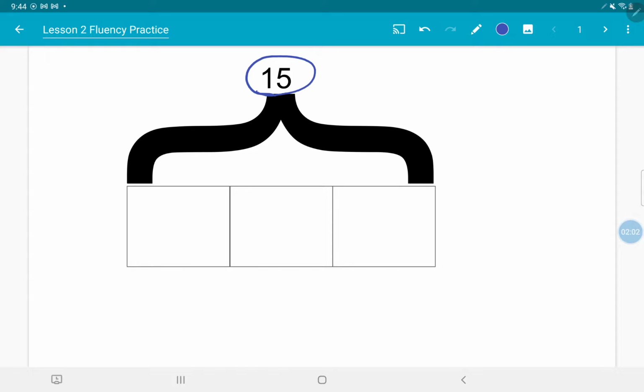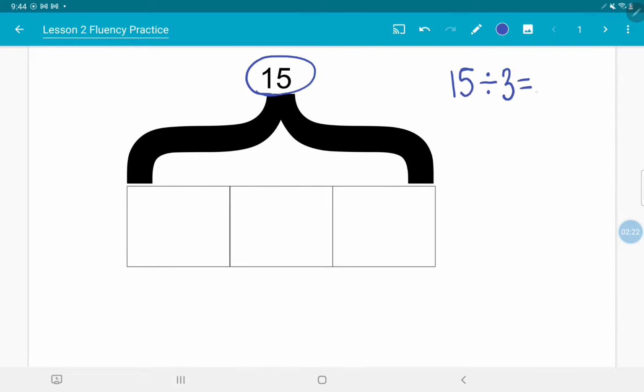What's the total that I started with, Owen? 15. So I would need to write 15. And that's divided into how many equal parts, Dylan? 3. 3 equal parts. So I would have 15 divided by 3.